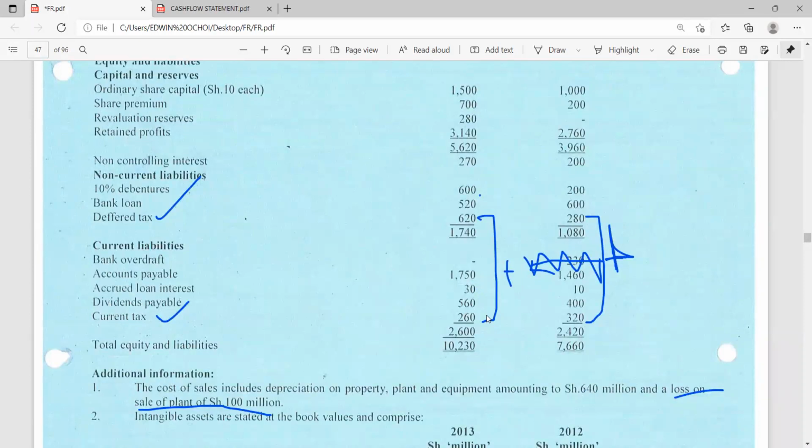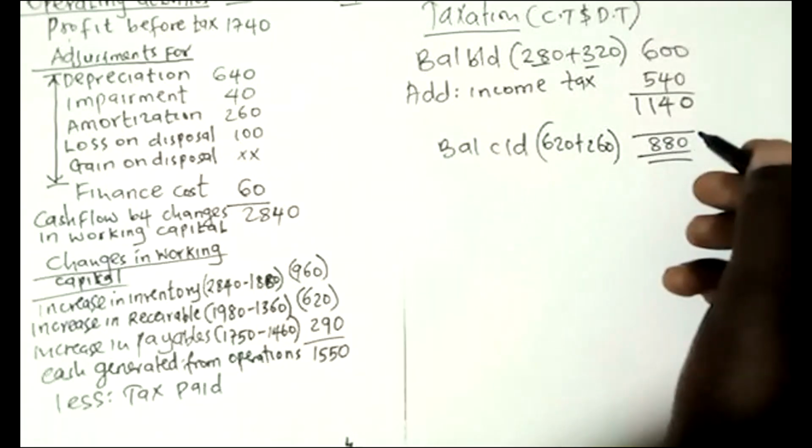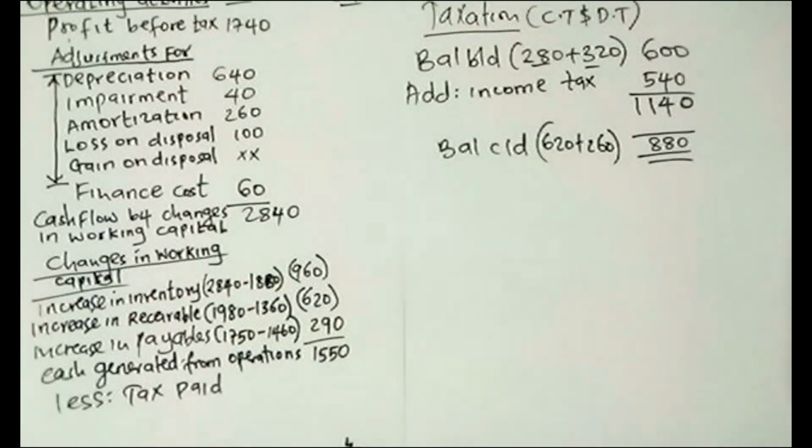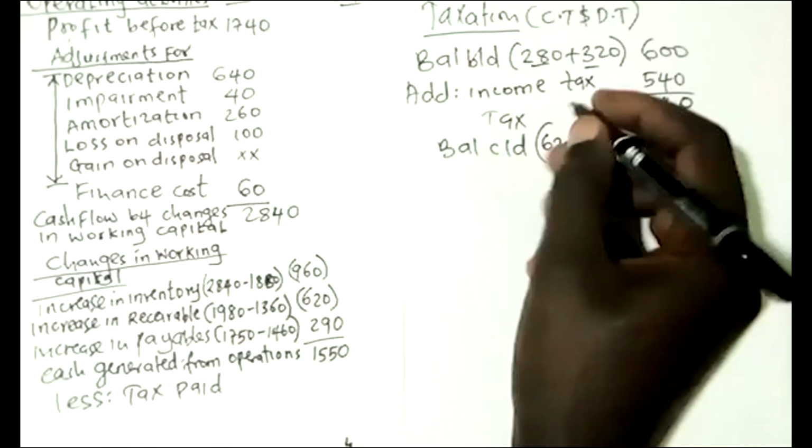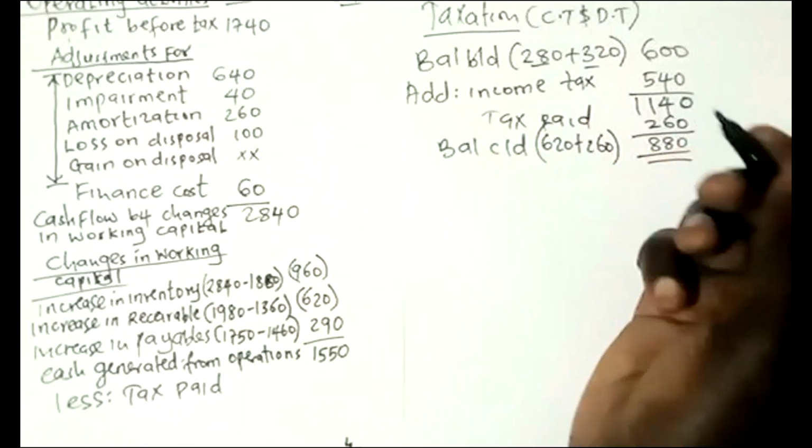So 620 plus 260, that is 880. So 1140 was the tax which was supposed to be paid, but at the end of the year, they are supposed to pay 880. Why is this reducing from 1140 to 880? Because already he has paid 260. Tax paid.